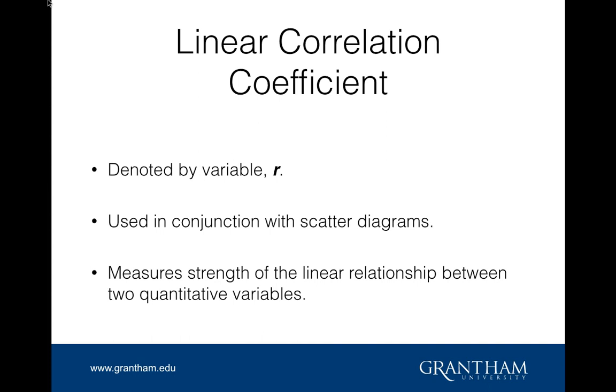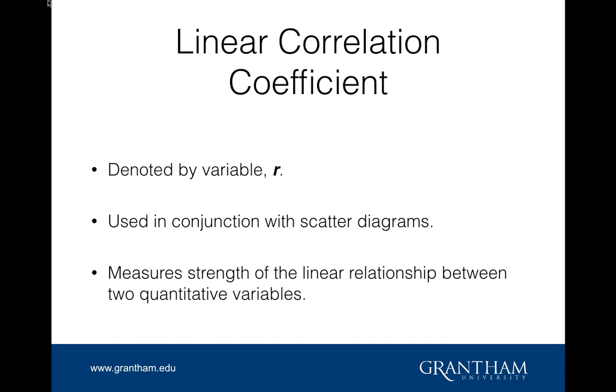The linear correlation coefficient is used in conjunction with the scatter diagram. For a good statistician, for anyone in this class, you cannot just show a pretty picture. You have to give some number to back it up, and that's what this linear correlation coefficient is. Something else that's very important to remember, because we'll talk about it in our analysis, is that the linear correlation coefficient, R, measures the strength of the linear relationship between two quantitative variables.